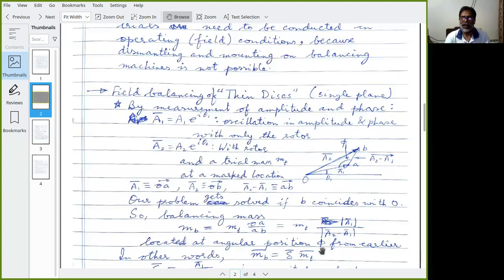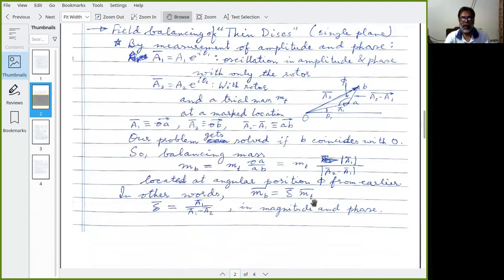By calculation only, you can do it by considering everything as complex numbers, and the complex number delta with which you need to multiply MT to get this complex number, the balancing mass as well as the angular position, and from that you just get delta, which would be this complex number divided by the negative of this complex number.